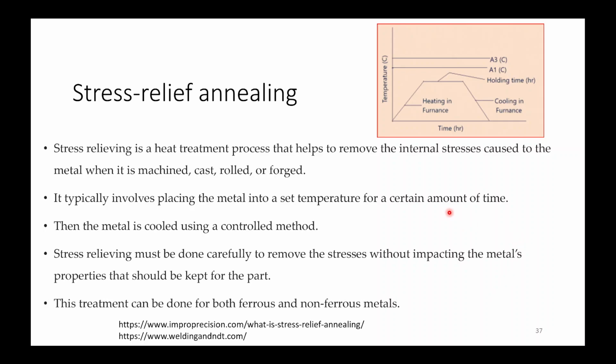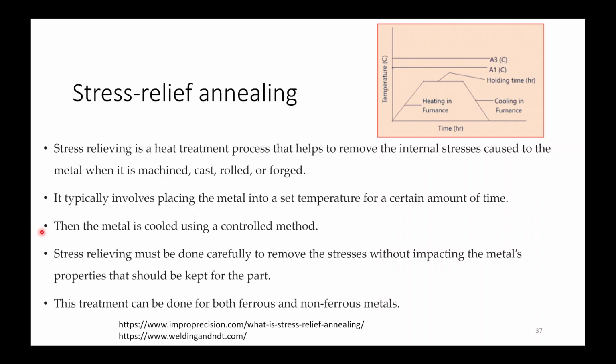Stress relief annealing. In this case, you are heating your steel below the A1 temperature and holding it for a particular time and then cooling in the furnace. Stress relieving is a heat treatment process which helps to remove internal stresses caused to the metal when it is machined, cast, rolled or forged. It typically involves placing the metal at a set temperature for a certain amount of time.